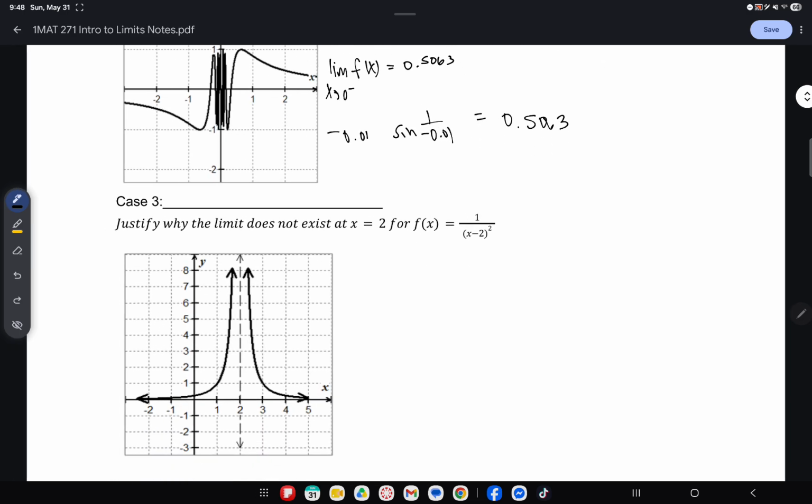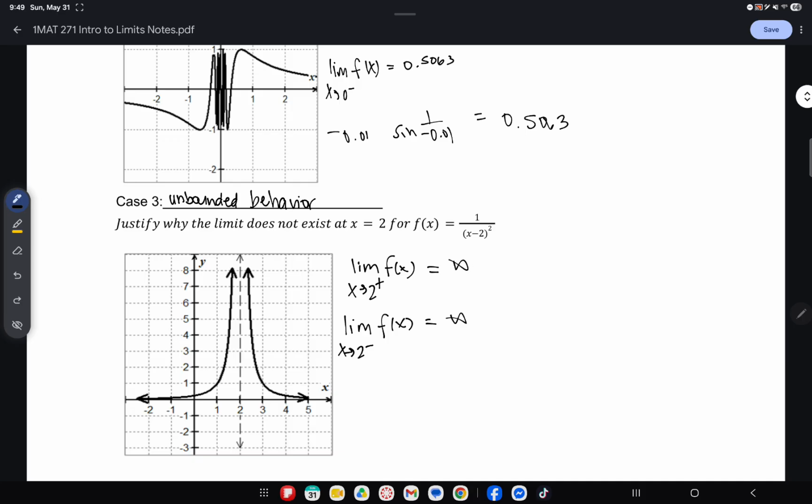All right, and then this third case, we're going to call unbounded behavior. So going off to the infinities. All right, so even though I'm going to look at the directional and say, hey, the limit as x approaches 2 from the right is infinity, and the limit as x approaches 2 from the left is infinity.